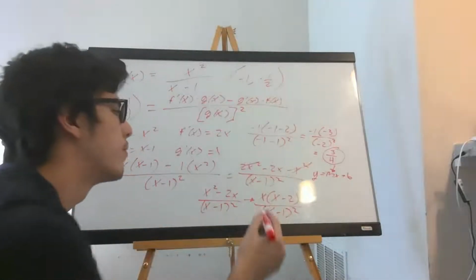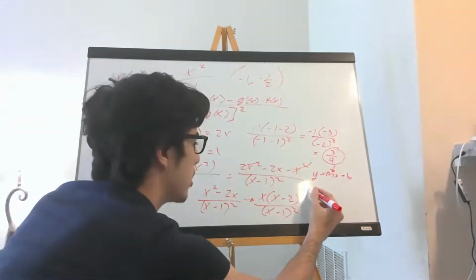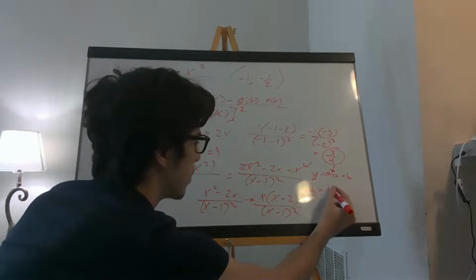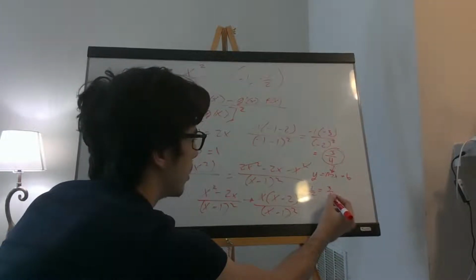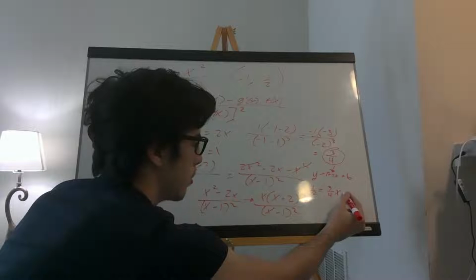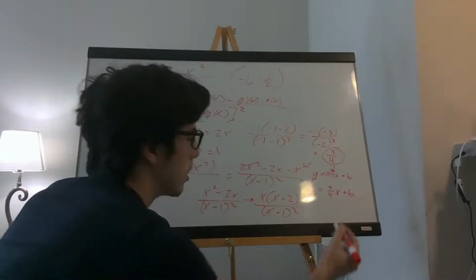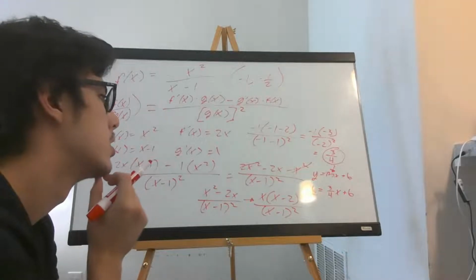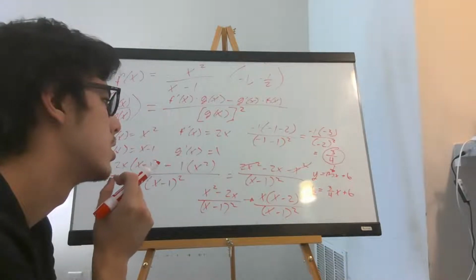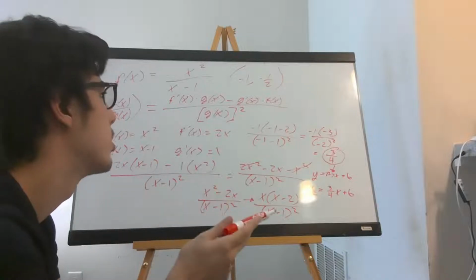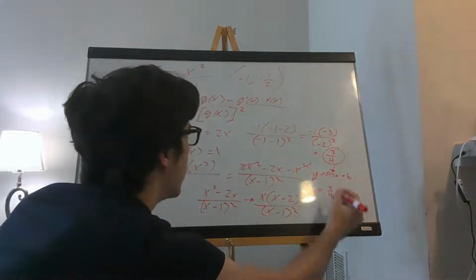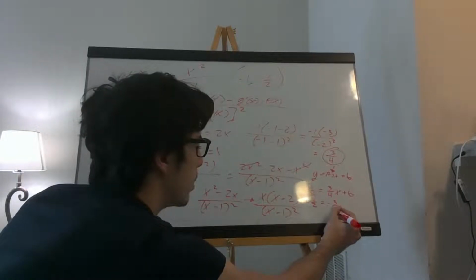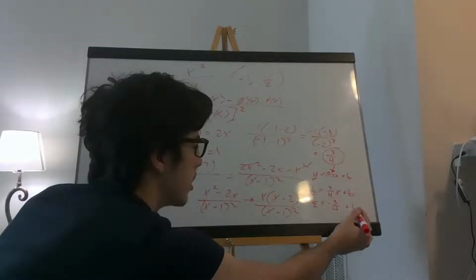So this right here, the 3 over 4, is our slope. So now we're going to just solve for b. So we're going to do -1/2 equals 3 over 4 x plus b. So we can plug in -1 for x. You get negative 1/2 equals negative 3/4 plus b.